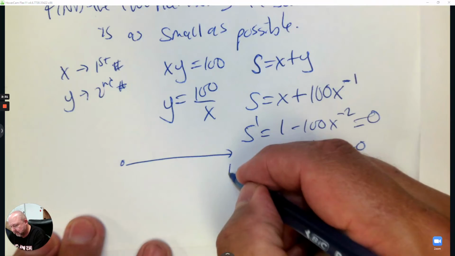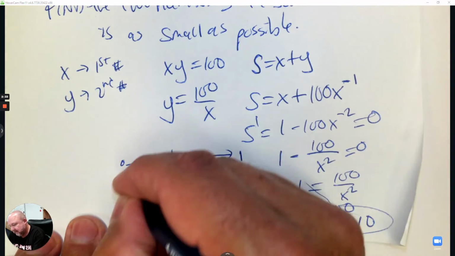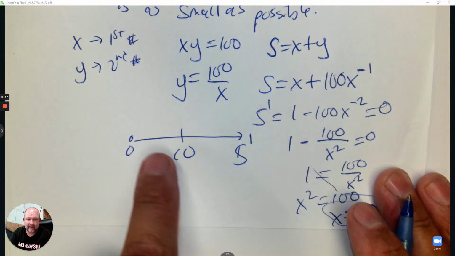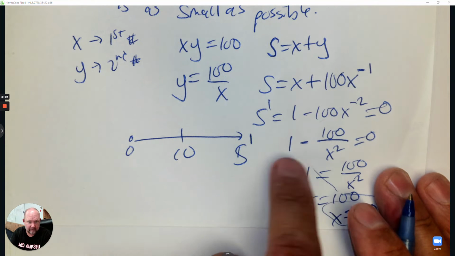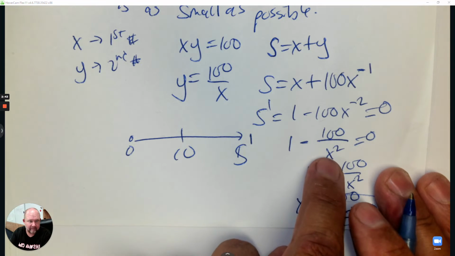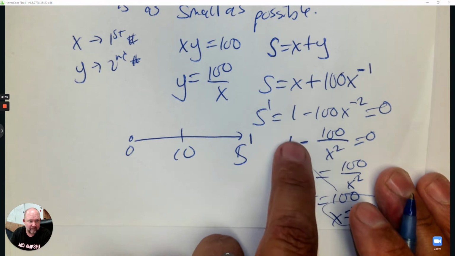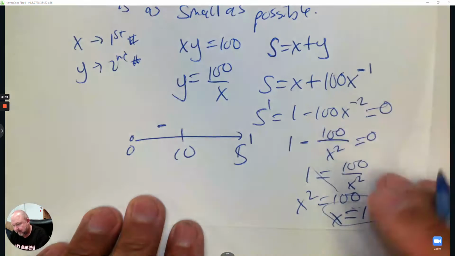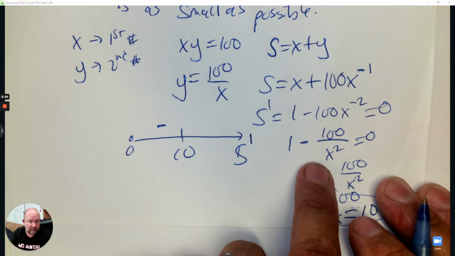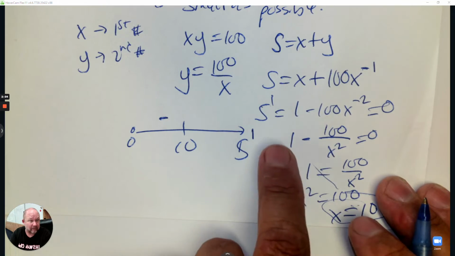So I'm going to draw a number line and put 10 there. These are positive numbers, so it's 0 on. And then I'm going to make sure, using the derivative, that it creates a minimum. So if I plug in a number like 1 into here, it gives me a negative answer. If I plug in a number like 20, so 100 over 20 squared, that's a fraction that's smaller than 1.